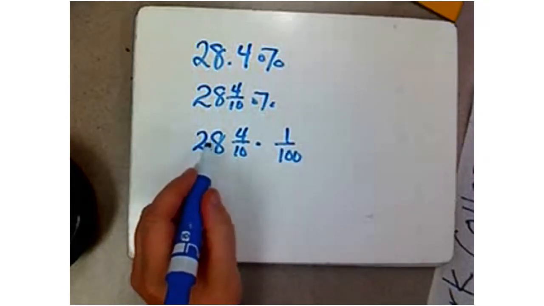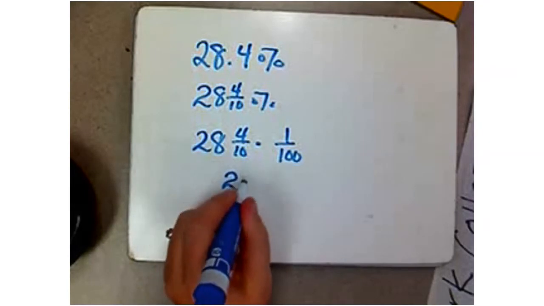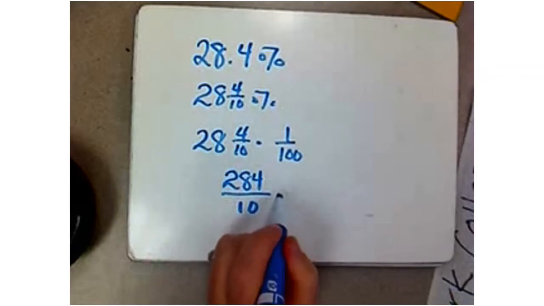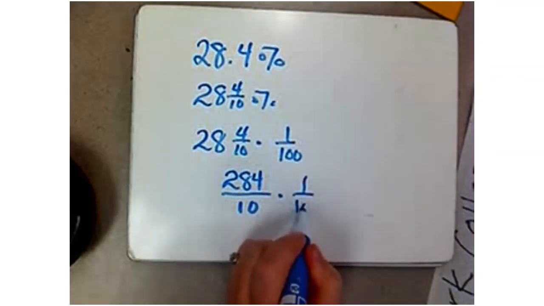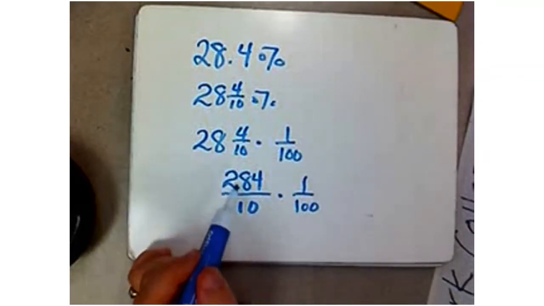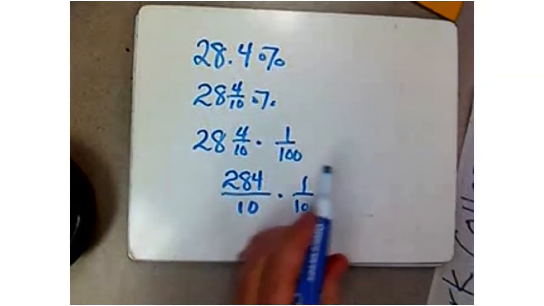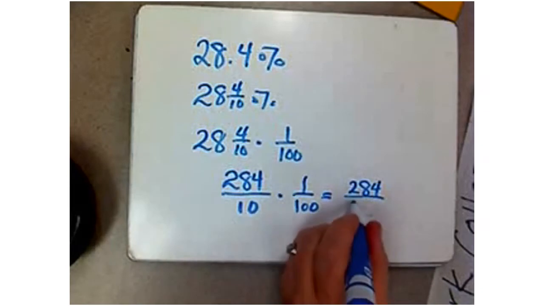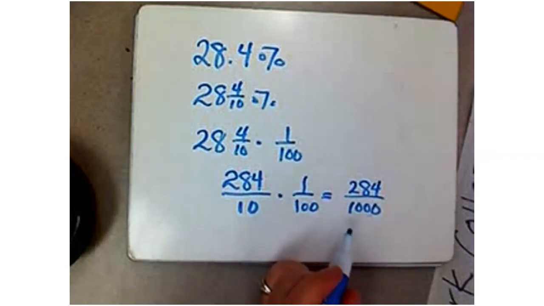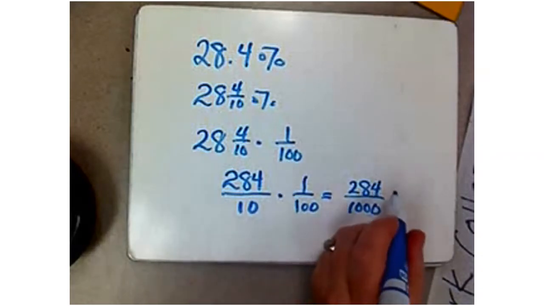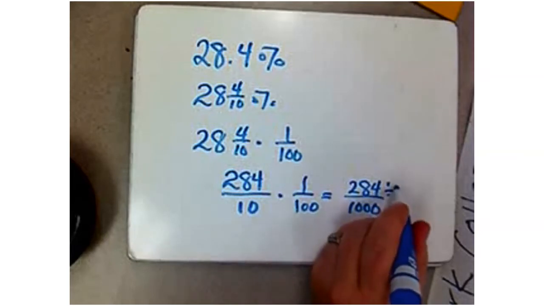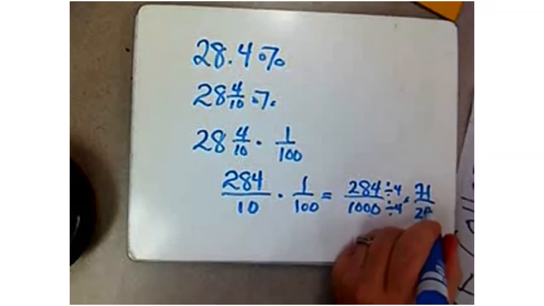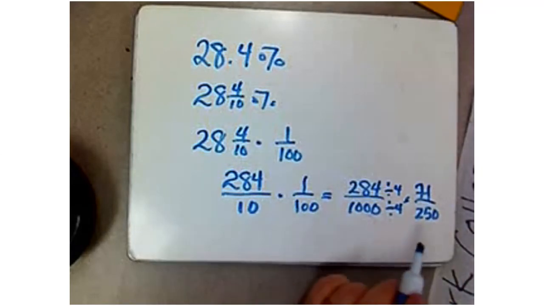So you go 10 times 28 plus 4 would be 284 over 10. We're changing our mixed number to an improper fraction, and then we're going to multiply that by 1 over 100. You could do some simplification first, or you could multiply straight across and say 284 over 1,000, and then you could simplify that by dividing by 4, and that would be 71 over 250.